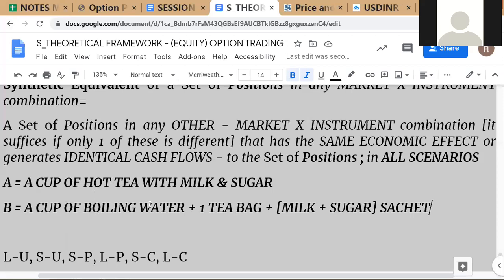This looks different on the surface, but you can create a cup of hot tea. So this has the same effect. It's not a financial markets example, but I wanted to give you a simple example so that you can understand it easily. It's something else which you can put together and create the same effect as the original position. So in this case we say that B is a synthetic equivalent.